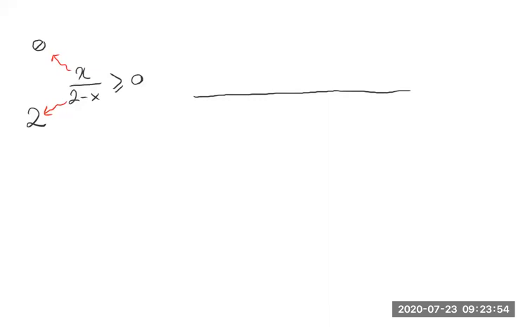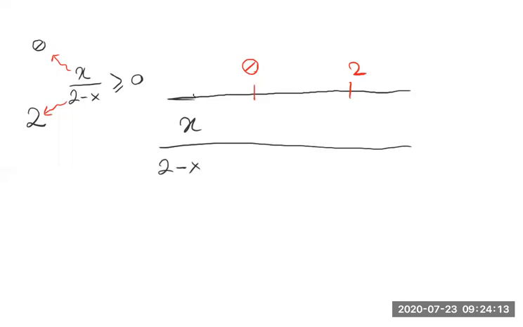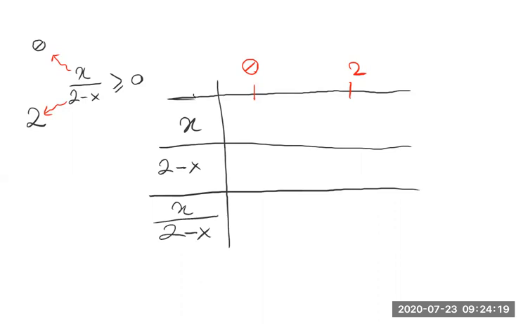Now let's point them on this real line, 0 and 2. Okay, let's write down our polynomials here. We have x, we have 2 minus x, and then we have x over 2 minus x. Okay?